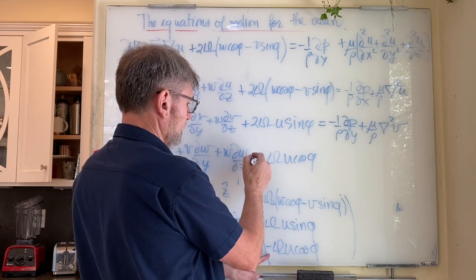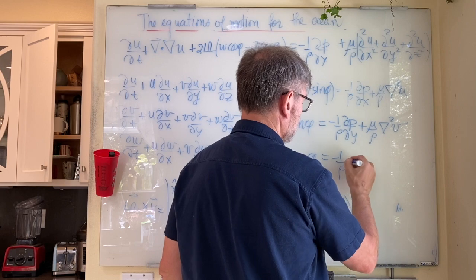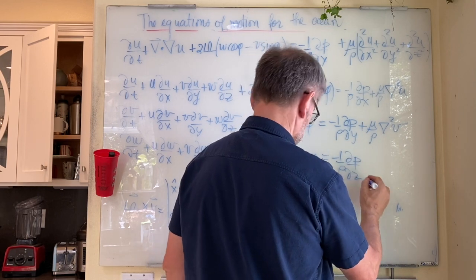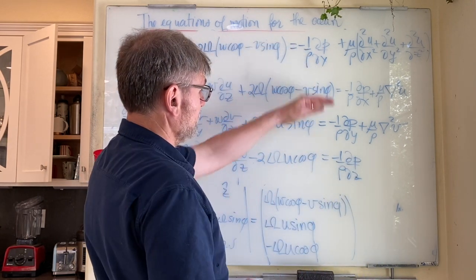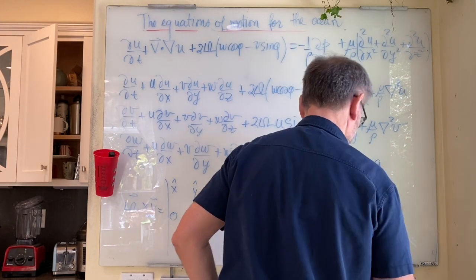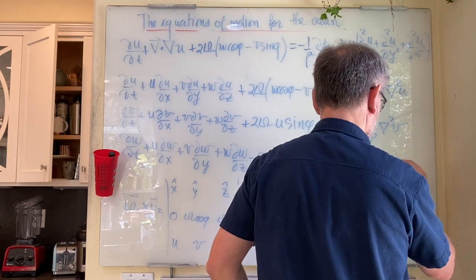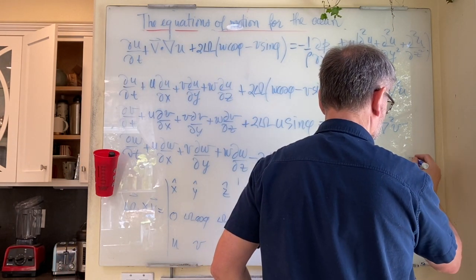Right, there's a minus. Is equal to minus 1 over rho dp dz. And then the force of gravity, which was 0 in those components, is no longer 0, minus g. And plus mu over rho del squared of w.